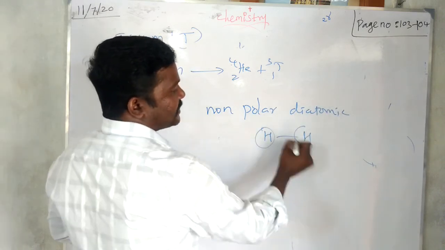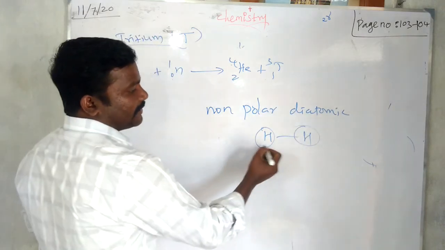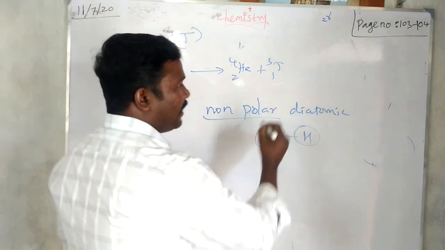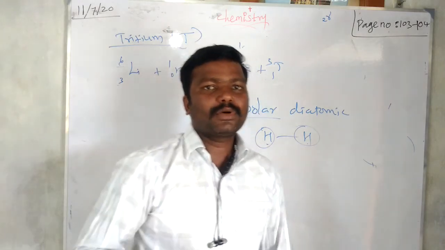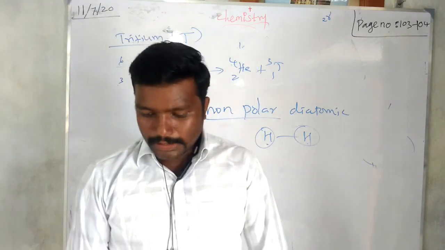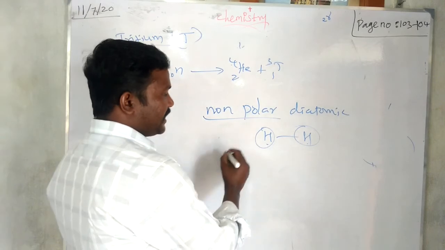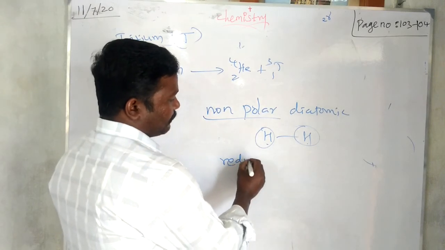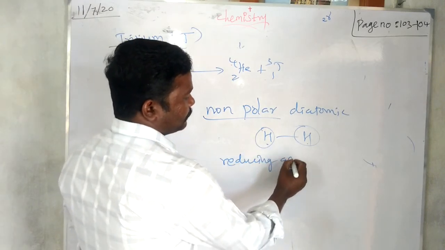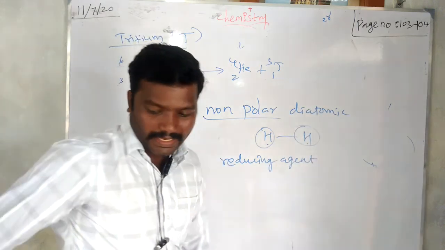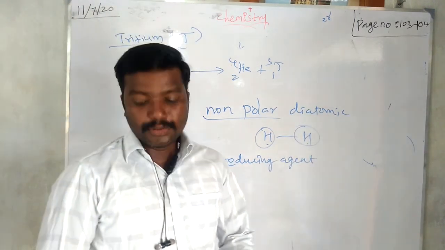So there is no positive or negative charge, simply there is no charge, so we'll say non-polar, 2 atoms, so diatomic molecule. Then the last one, hydrogen is a good reducing agent.